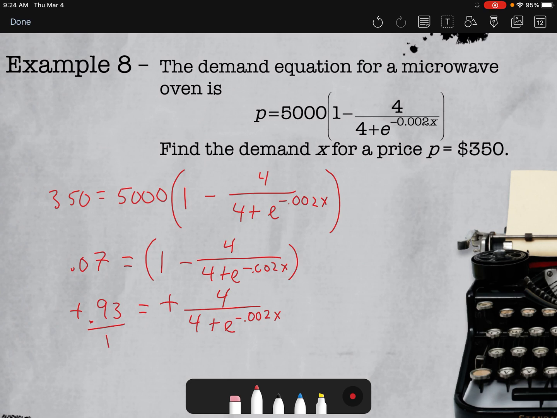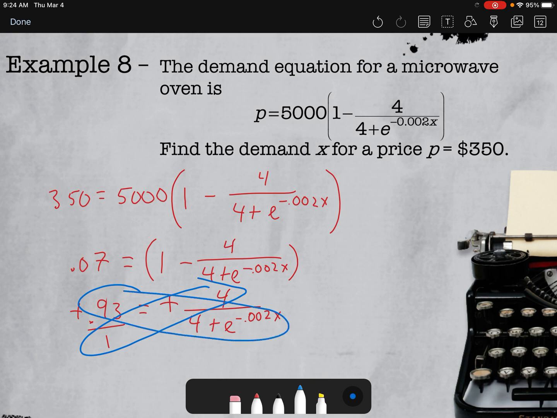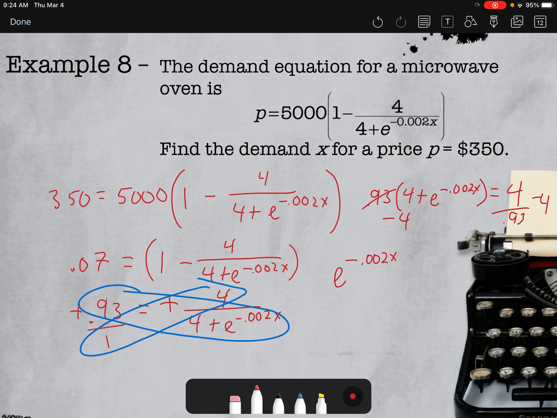Let's see. Well, we could use ratios, proportions, cross multiplication here. It's probably the easiest way. So 0.93 times 4 plus e to the negative 0.002x is going to equal 4. So that means I would divide by 0.93 and subtract 4, right? So e to the negative 0.002x equals 4 divided by 0.93 minus 4.